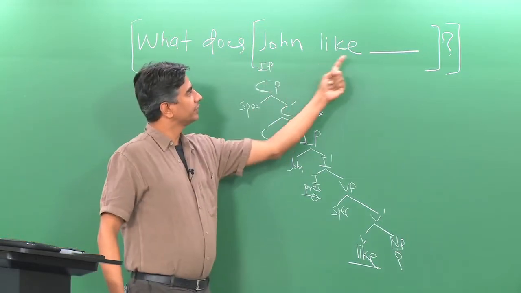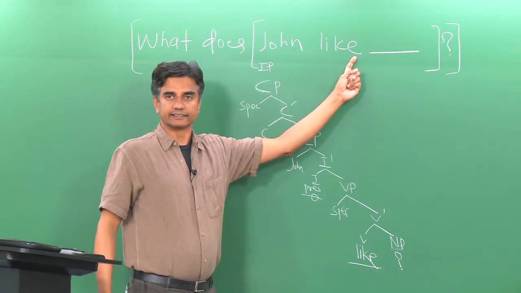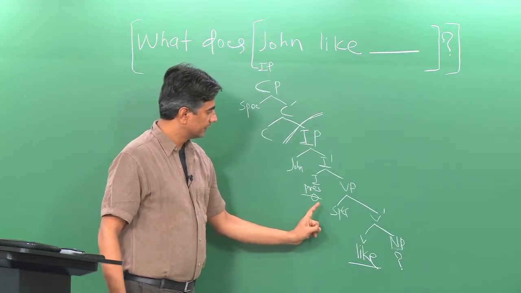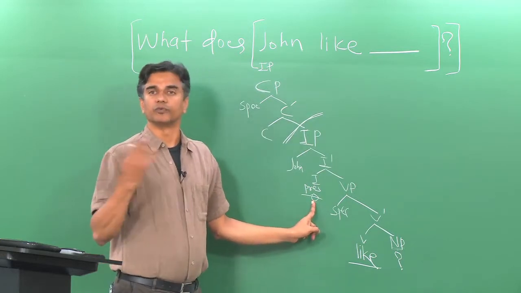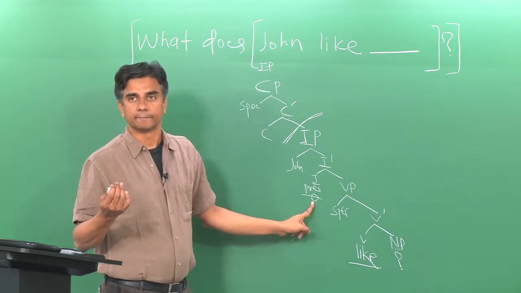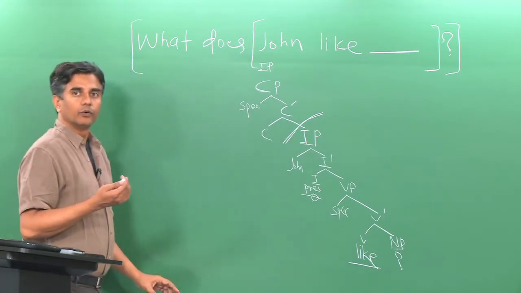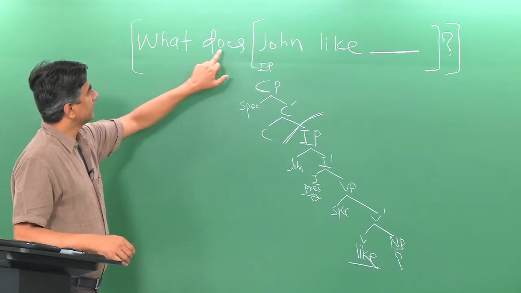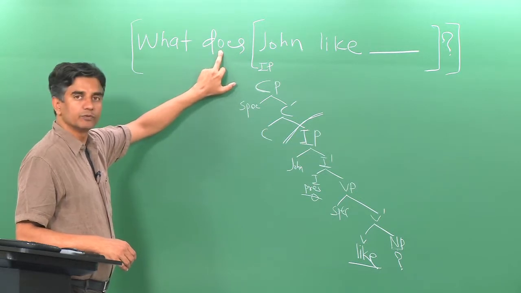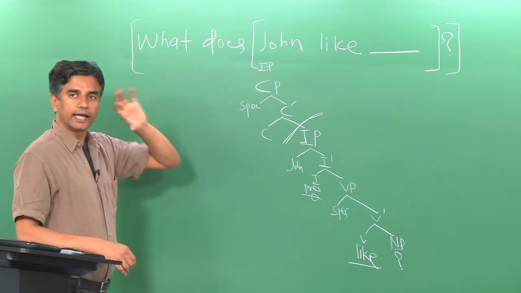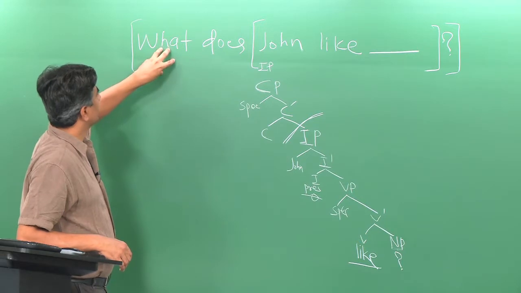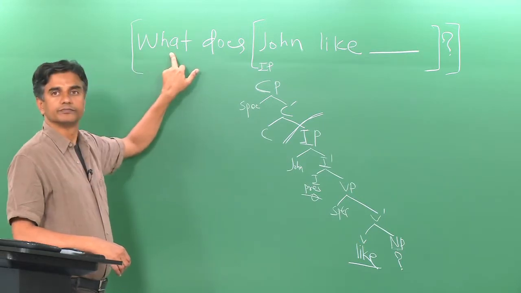The IP does not even contain its tense. It has also moved to some other place, and we see that tense has moved here, and the NP that questions the object is what, which is here.